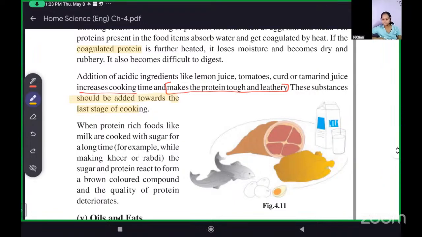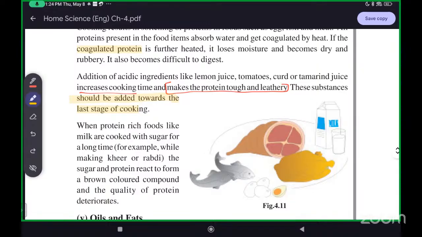And protein-rich foods like milk are cooked with sugar for a long time. For example, while making kheer or rabdi, the sugar and protein react to form a brown color compound, and the quality of protein deteriorates. So when protein-rich foods like milk are cooked with sugar for a long time, the protein quantity is decreased in the food.